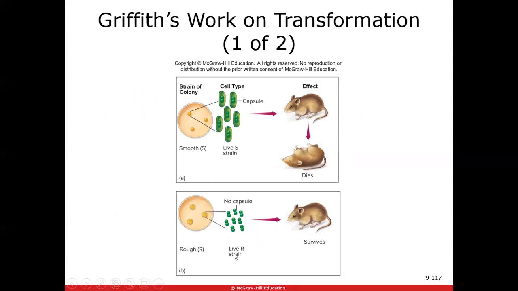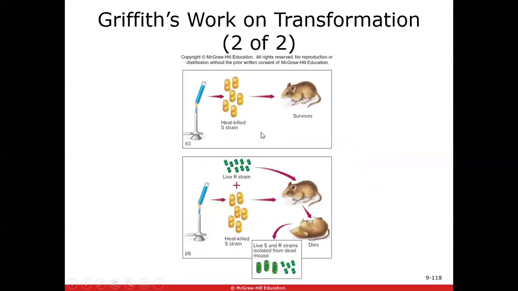Now if you have a live R strain and it gets infected, the host will survive. So the host is not affected by the R strain. The host is affected by the S strain. What's interesting is this: if you heat kill the S strain, that's the one that would kill it. If you heat kill this S strain, the host will survive.